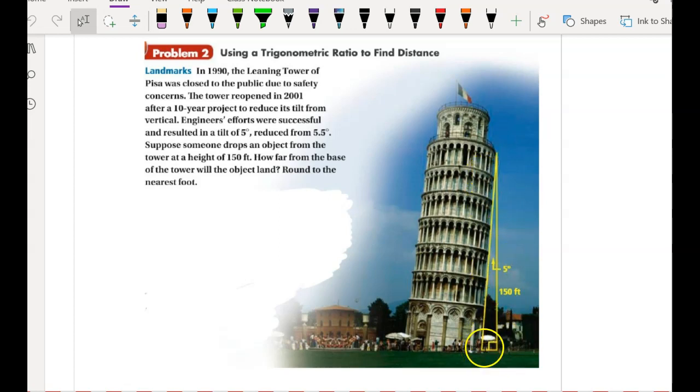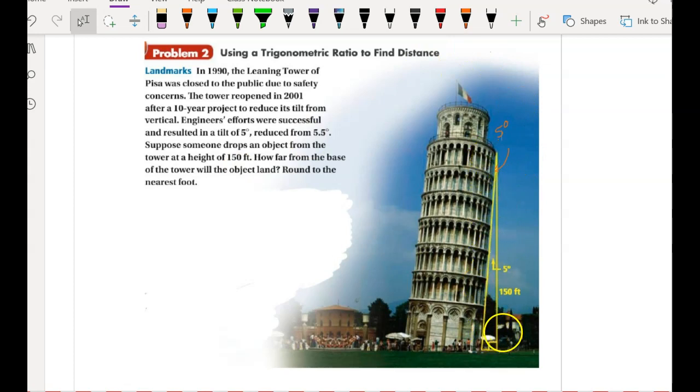Now notice where your right angle is on this one. It is not next to the building like it typically is. It is at the drop line of the object. Okay, so our 5 degrees is right here. So this is going to be the angle we're working with. I have this line right here, the 150 feet.